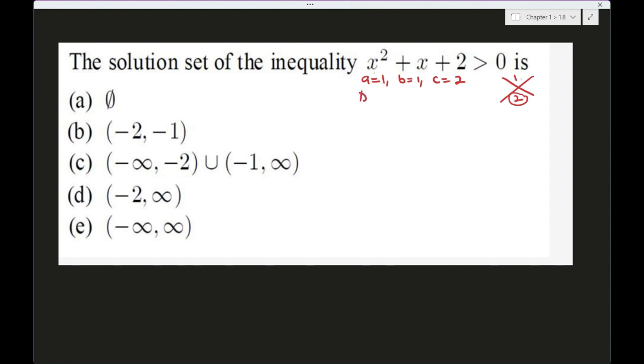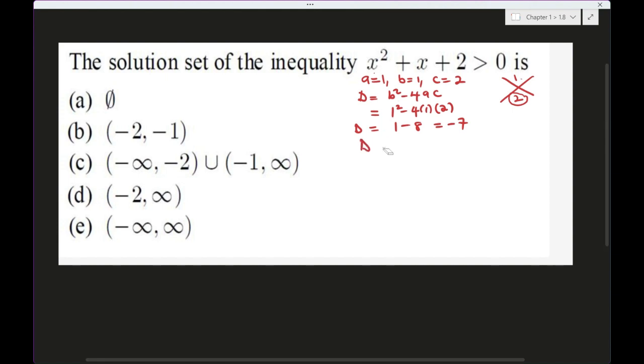So we can check, first of all, the nature of the roots by using the discriminant. This is going to be 1 squared minus 4 times 1 times 2. So the discriminant is 1 minus 8, which is minus 7. The discriminant is less than 0.